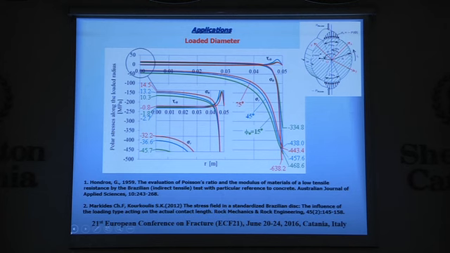This is also another piece of evidence telling us that identifying the critical point of the Brazilian disk is not an easy task in the case of a transtropic disk, since we have to recall that many times failure occurs not at the center of the disk but somewhere here under the loading platens.